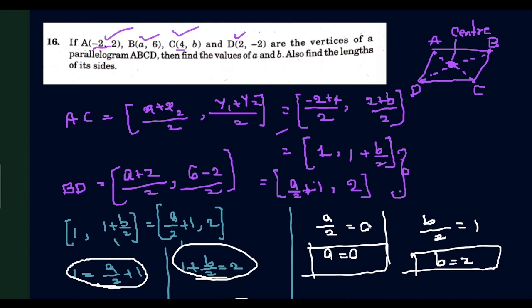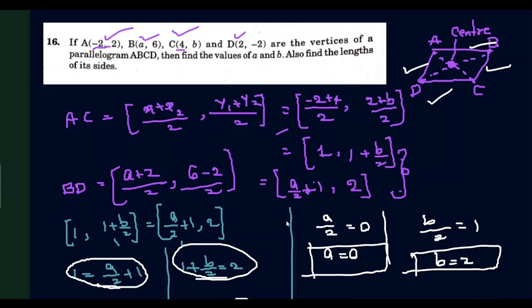We need to find the lengths of its sides. That means AB, BC, CD, and DA, right? So first of all, let's write all the sides. What are the sides? A is minus 2 comma 2. And what is B here?